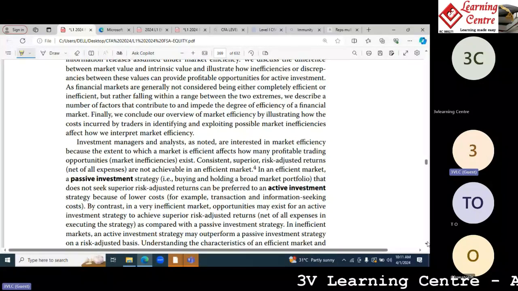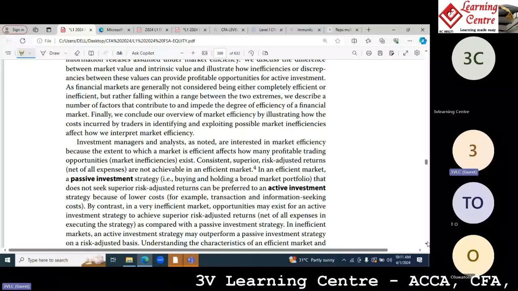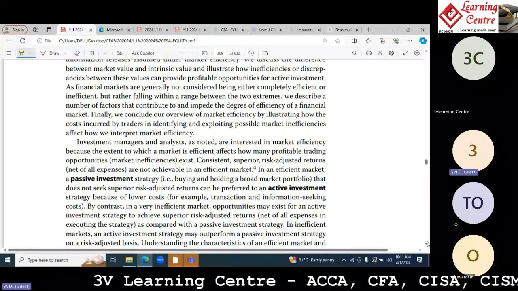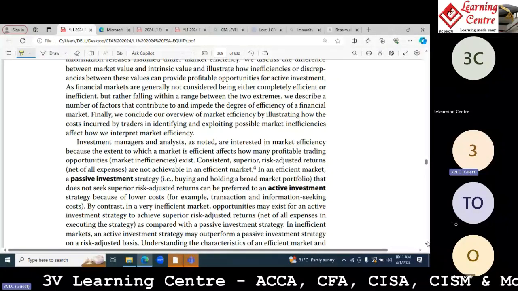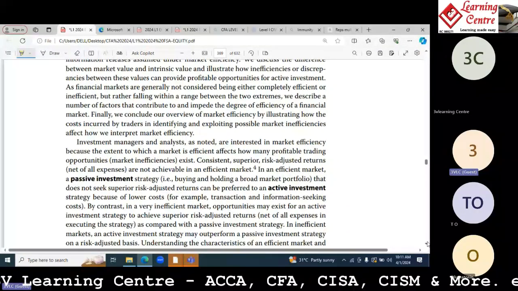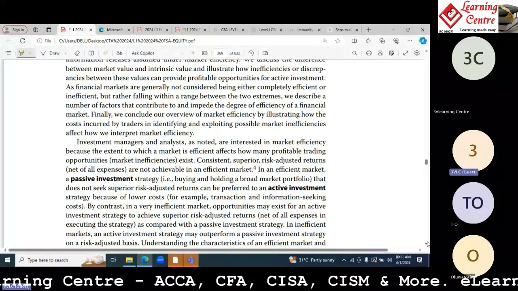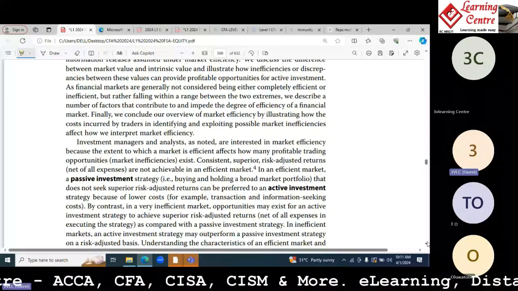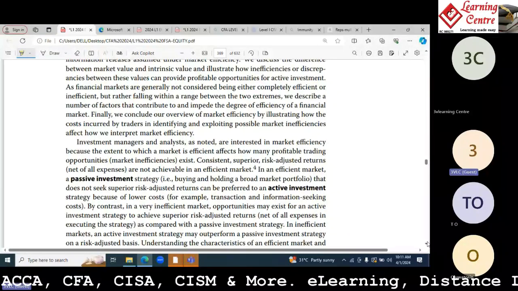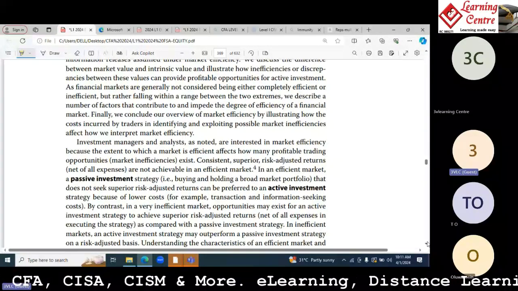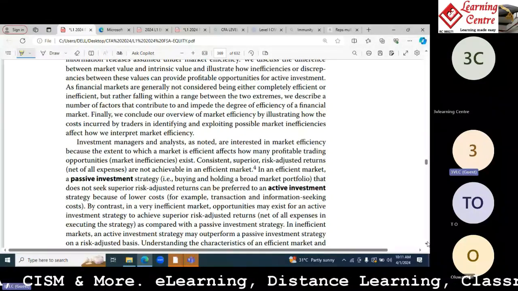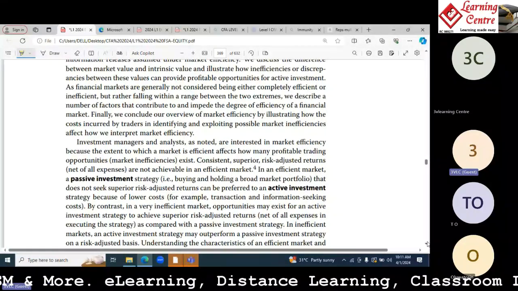While an active investment strategy has an inherent assumption that the market is inefficient, meaning that the price the market is giving you does not reflect all the information, does not reflect the information that you even have. So the prices of the market are not true.